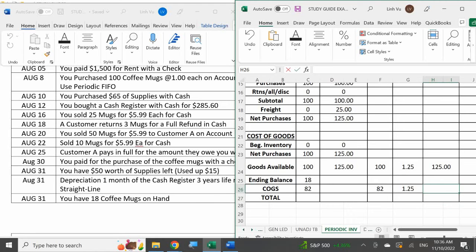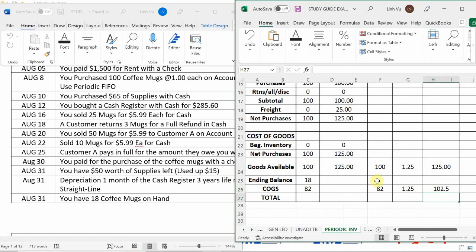Go ahead and punch that in the calculator again, because it has to be more than $80, because they're a dollar each. Okay, $102.50. And if I have 18 units left at $1.25, what's my ending balance? 18 is $22.50. Good.